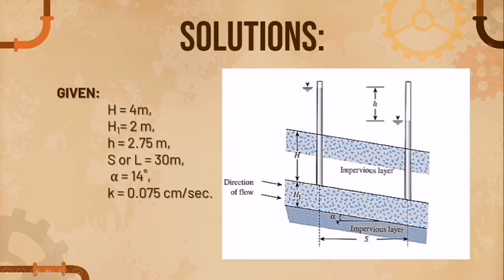This right angle here is actually the opposite. This is the angle alpha, that is 14 degrees. Then our hydraulic conductivity, 0.075 centimeter per second, is constant.